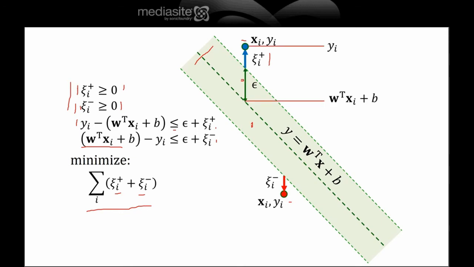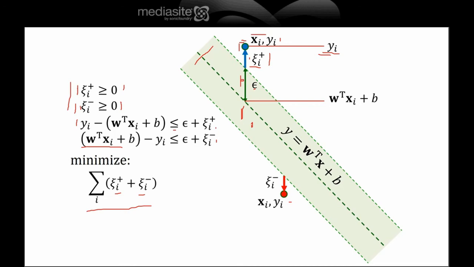Anyway, this is xi, the x-coordinate of this blue point here. This is epsilon, this green arrow, and this blue arrow is the error zeta i plus that denotes how far above the tolerance zone the point is located. And this is yi, the y-coordinate of our point.